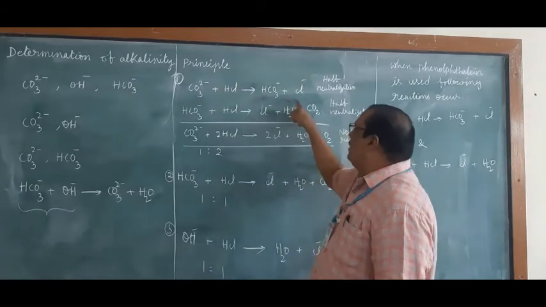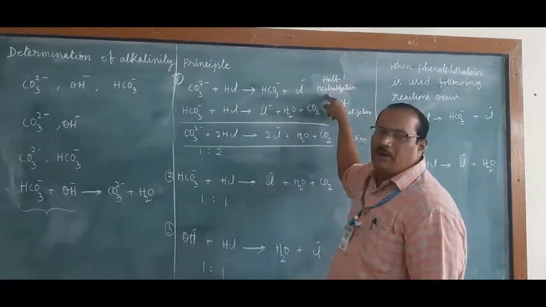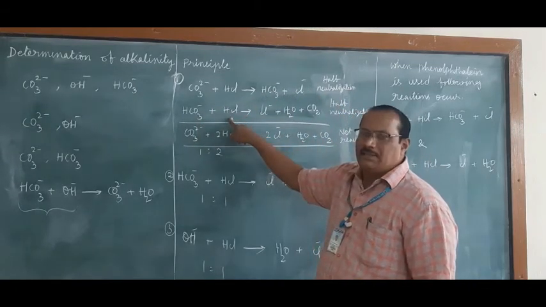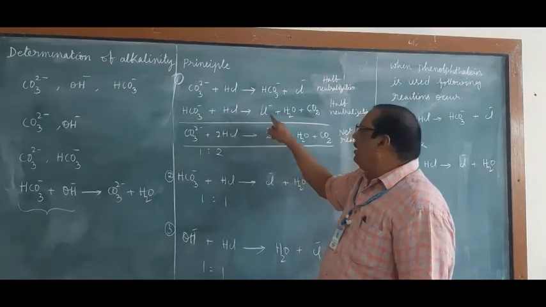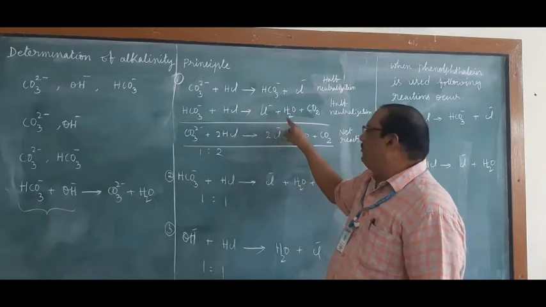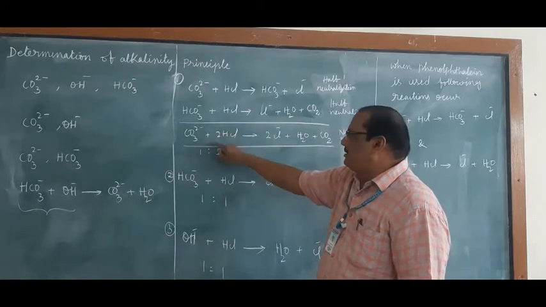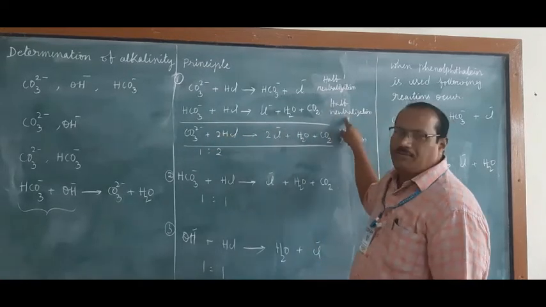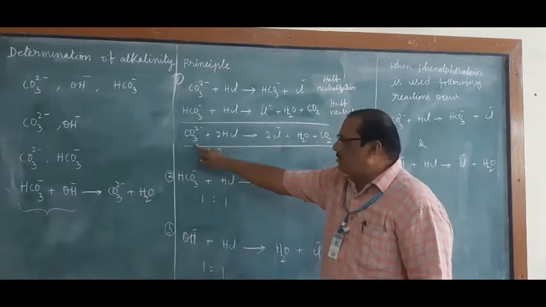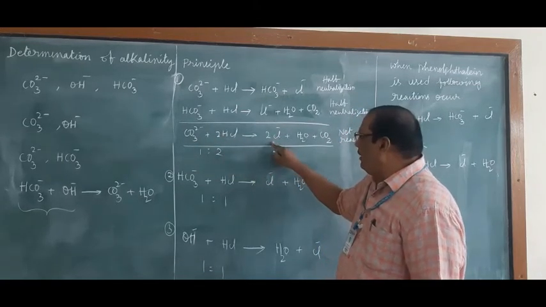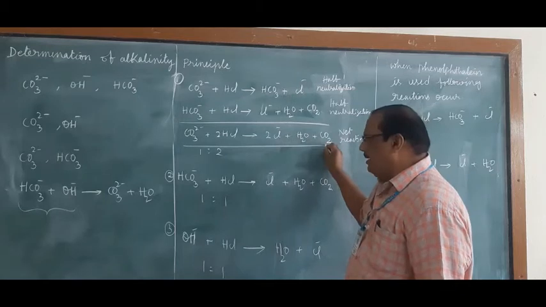This step is called half neutralization of carbonate. That bicarbonate again reacts with another mole of HCl, and gives chloride ion, water and carbon dioxide. So this is another half neutralization of carbonate. Net reaction is carbonate reacts with 2 moles of HCl and gives 2 chloride ions, water and carbon dioxide.